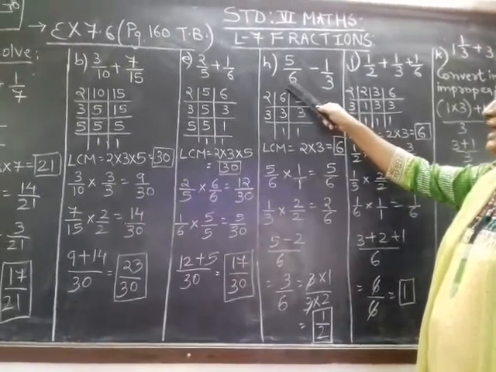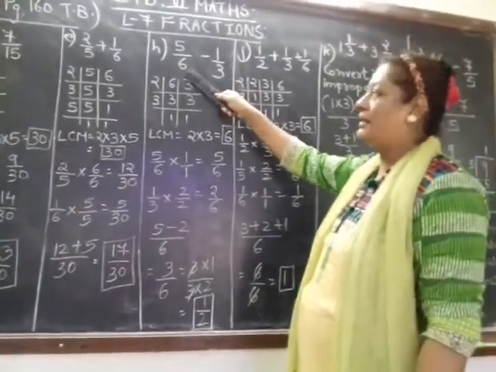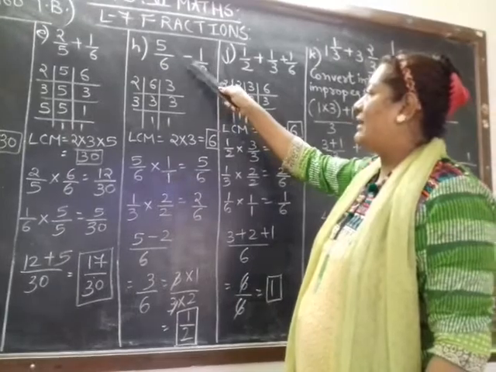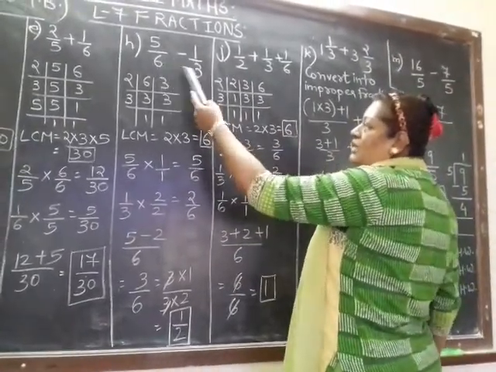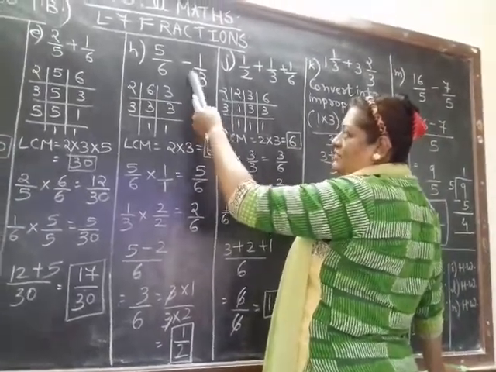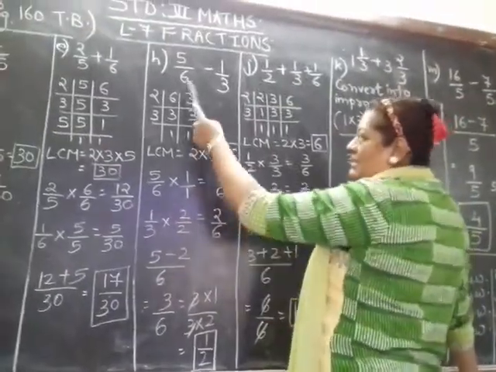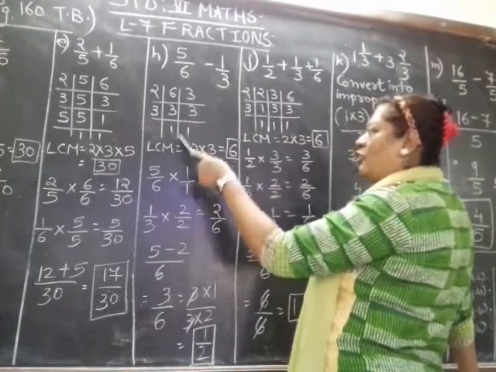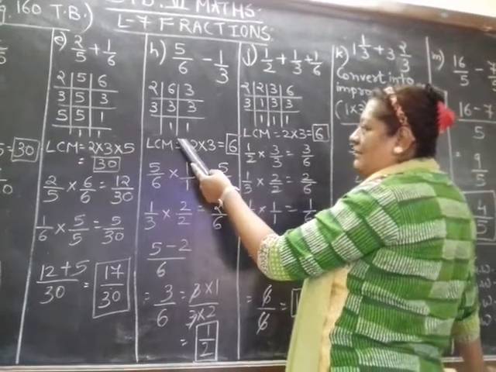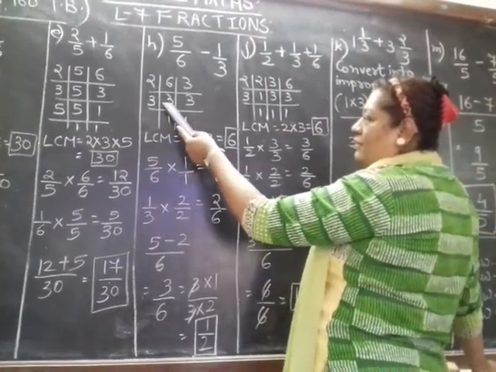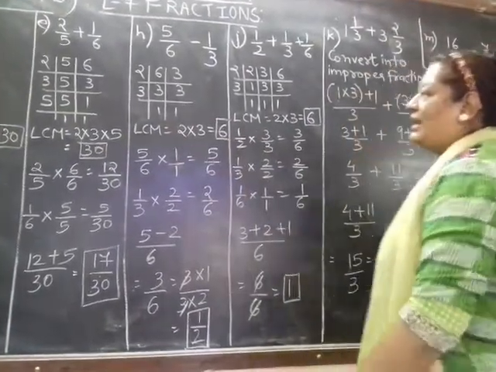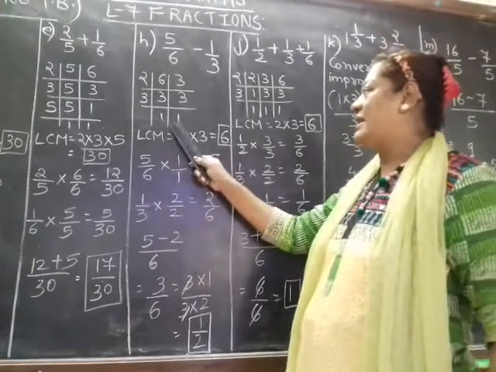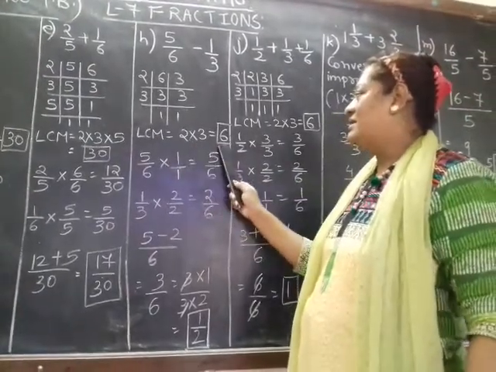Okay, now coming on to H, that is a subtraction sum, 5 upon 6 minus 1 upon 3. In between these two unequal or unlike fractions, we have to perform subtraction. But as the denominators are not the same, again go with the same procedure for LCM. So 6 comes in the table of 2. So 2 3s are 6 and 3 1s are 3 as it is a prime number. So the LCM of 2 and 3 is 6.